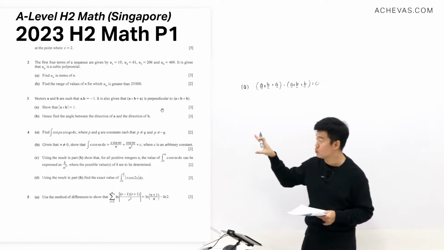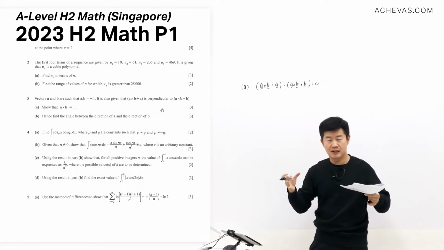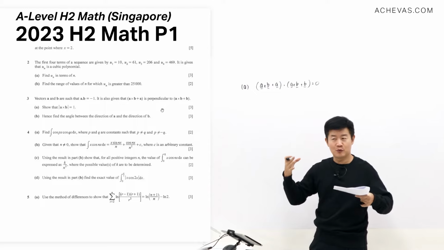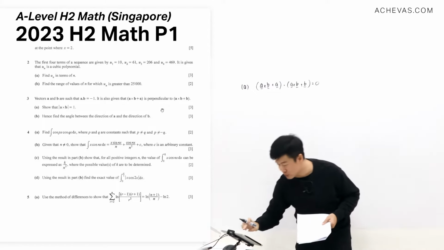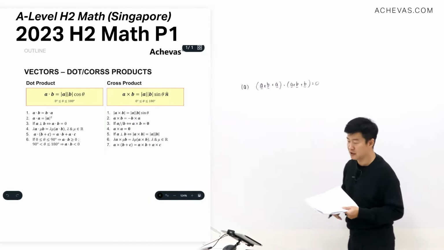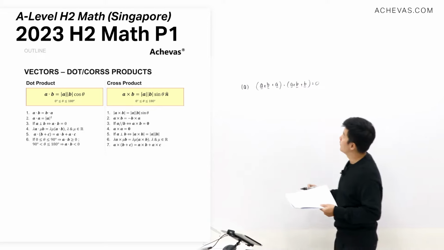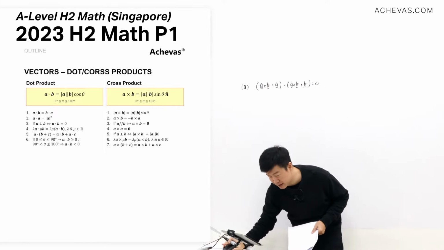So let me just switch to a table which we have in our outline to help us take a look at which are the properties that we're going to be using. So let me look at this table that we have here on our outline. So the first thing is I'm going to try to expand this by applying number 5 over here.